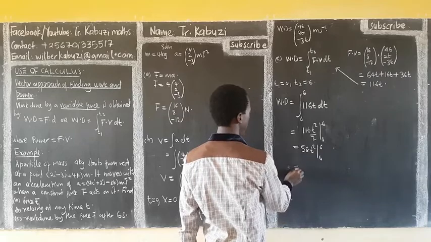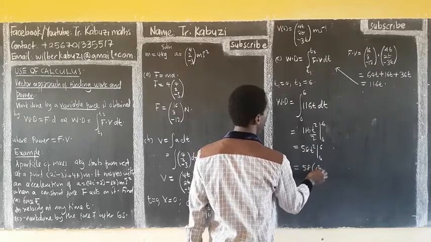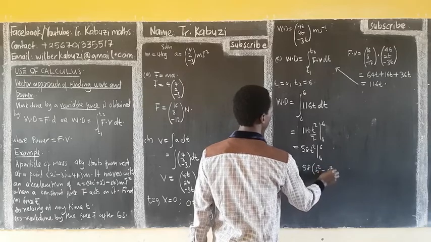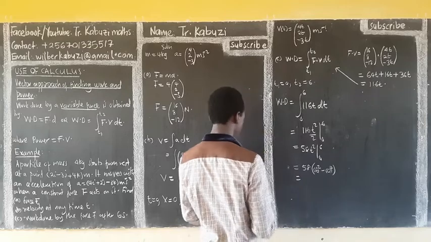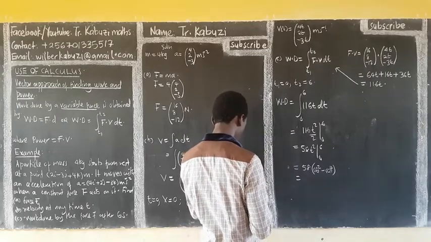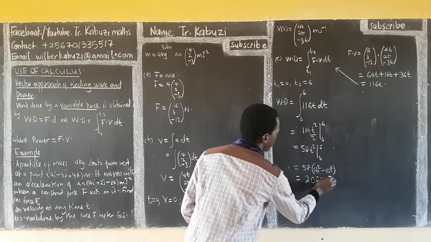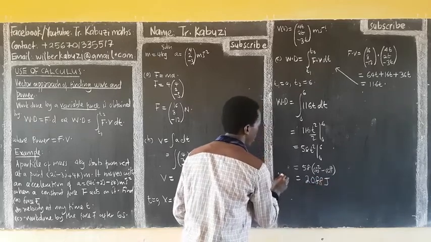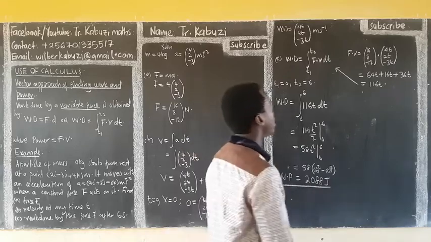If we substitute, we have 58 into 6 squared minus 0 squared, which gives us 2088 joules of work done. That will be our answer.